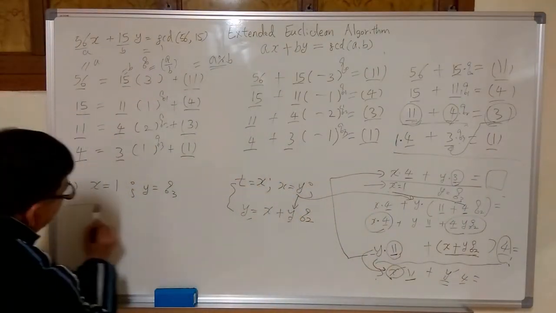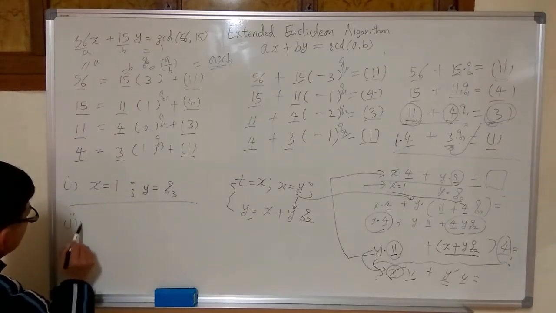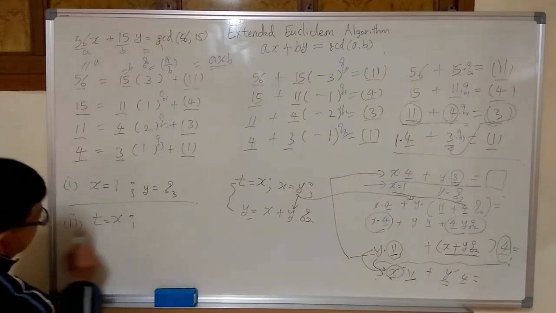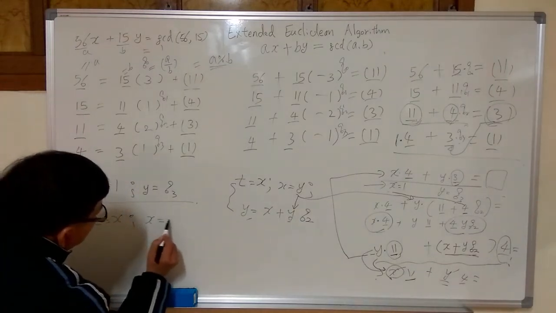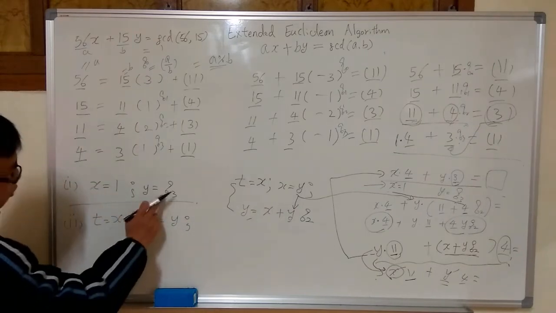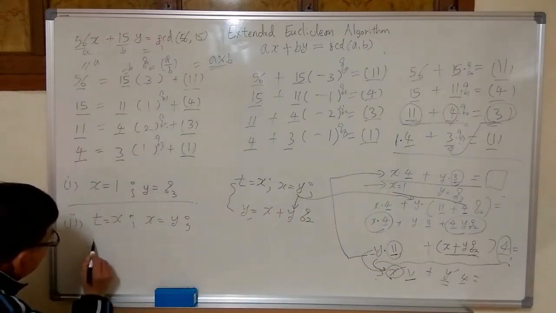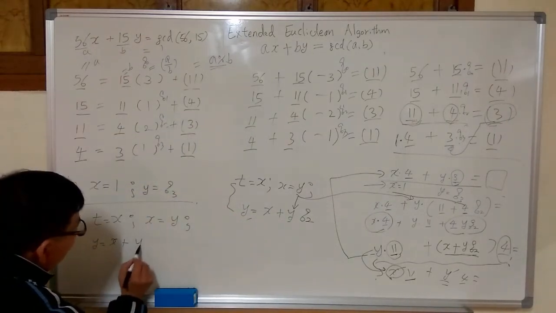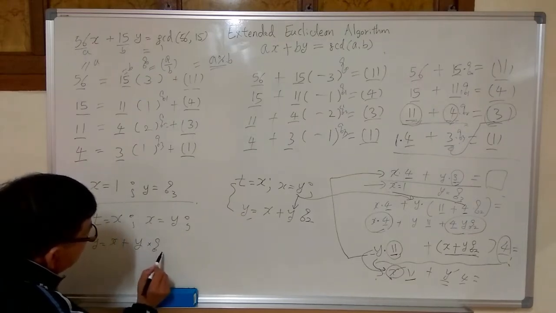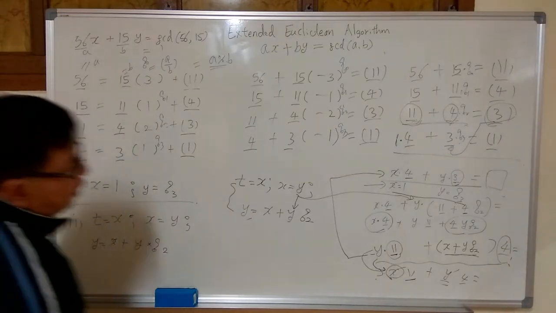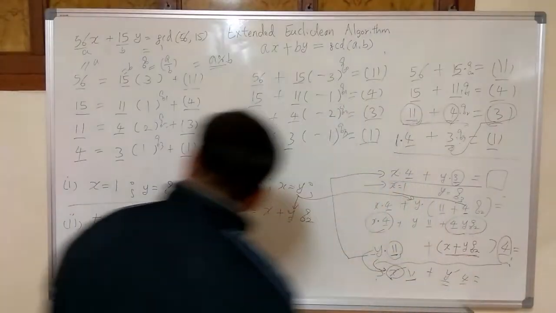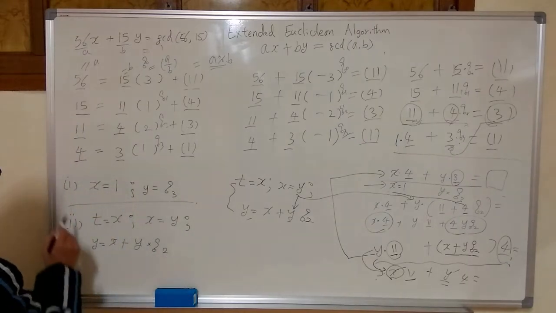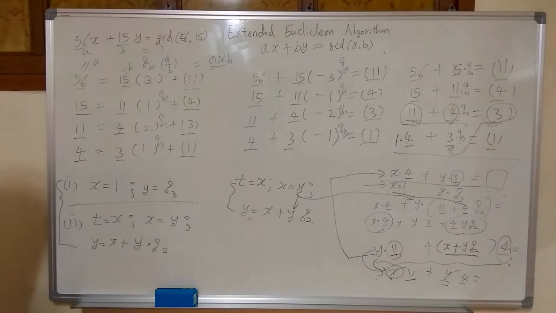In the next loop, t equals x, we save it in a temporary place, then x would be y, the previous y becomes the new x, and the new y will be x plus y times q2. So this is the way, the first step q3, q2. We have to remember this relationship.